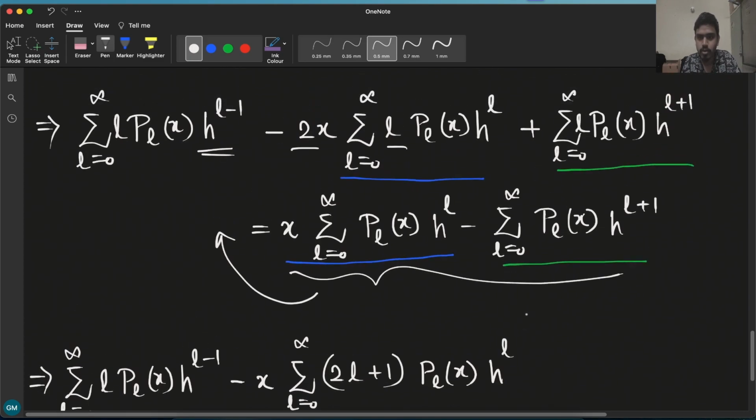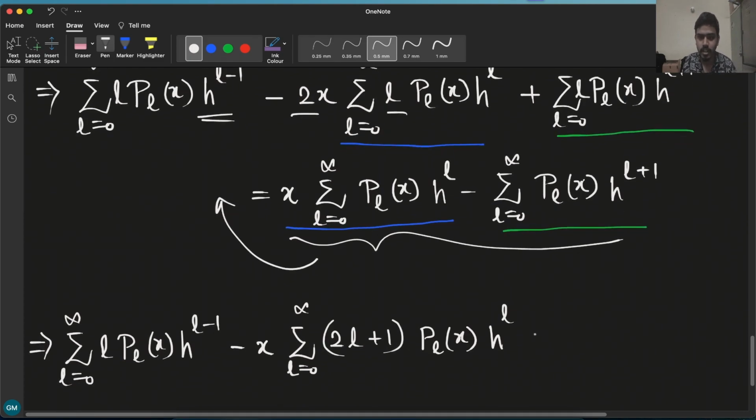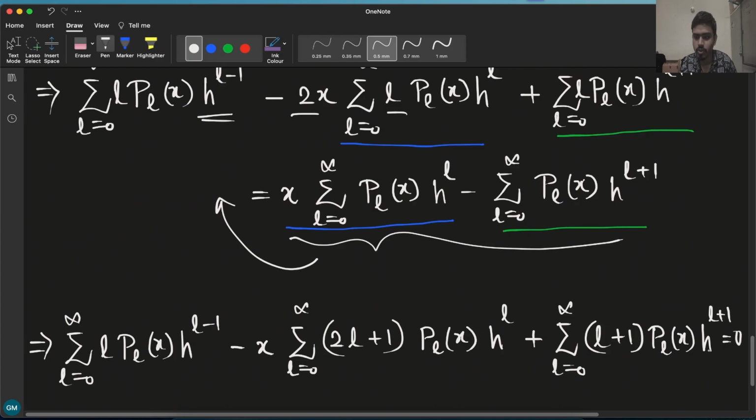So it is nothing but sum over l equals 0 to infinity (l plus 1) times P_l(x) h to the power l plus 1 equals 0. So this l is coming from here and 1 is coming from here.